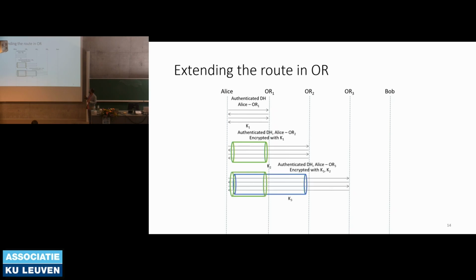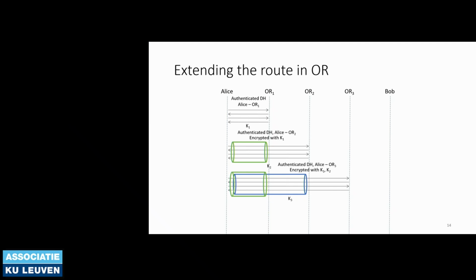Okay, if there is no question here, then how does Alice extend it to onion router 3? Using the encrypted and authenticated channel with onion router 1, Alice can extend the channel to onion router 2. That means Alice has a continuous channel also with onion router 2. Then Alice can do the same thing.